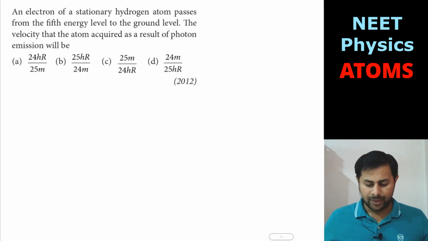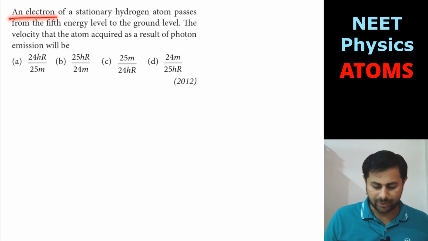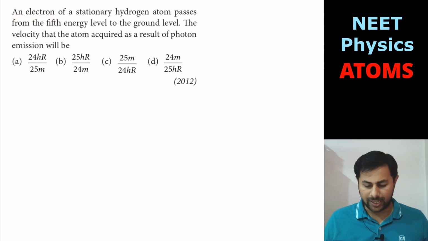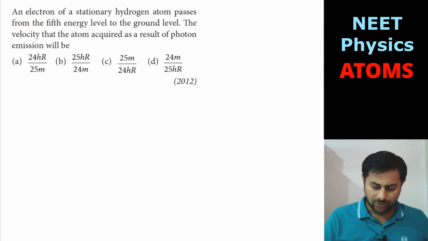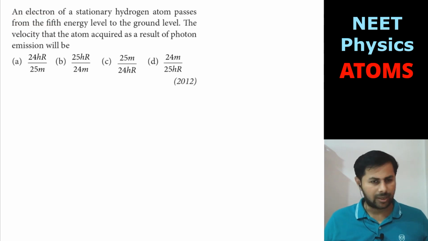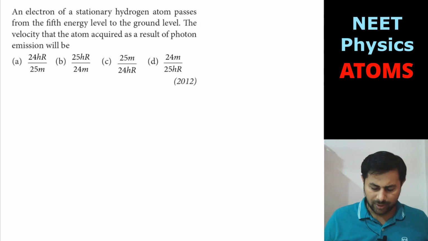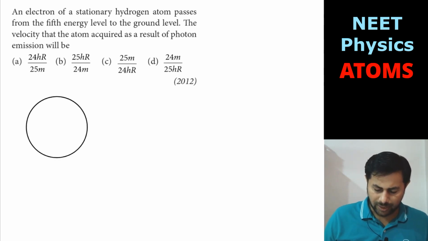Good. Then let's see the next one. An electron of a stationary hydrogen atom passes from the fifth energy level to the ground level. The velocity that the atom acquired as a result of photon emission will be. So the electron goes from the fifth level to the ground level.